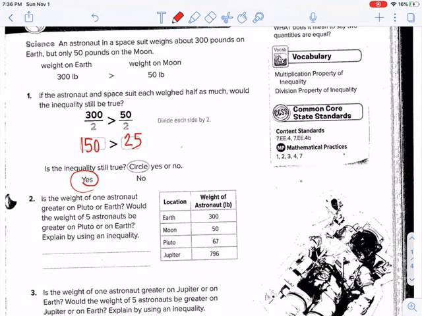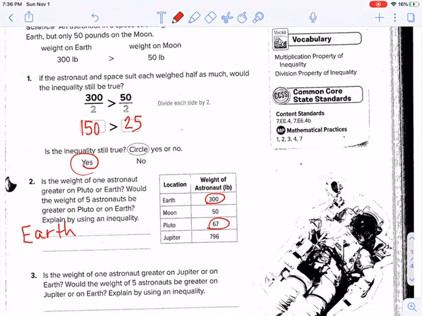Is the weight of one astronaut greater on Pluto or Earth? So if we look at Earth and then Pluto, it is Earth. Would the weight of 5 astronauts be greater on Pluto or on Earth?